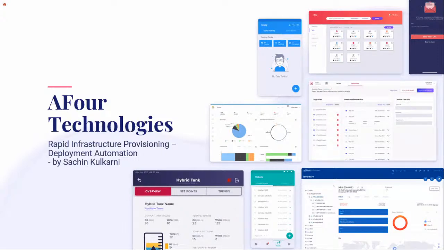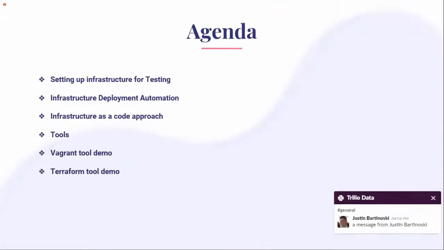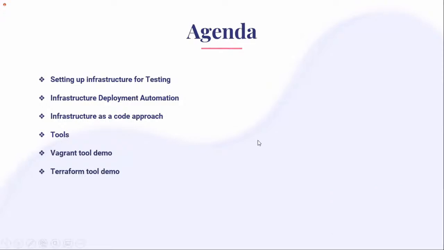So let's start with the agenda first. What we are going to cover today is setting up the infrastructure for testing, and this is particularly for the computing systems, storage, networking, cloud computing domain. Okay, so mostly from the systems domain perspective.